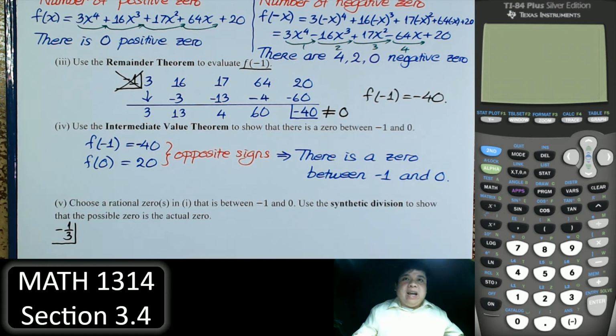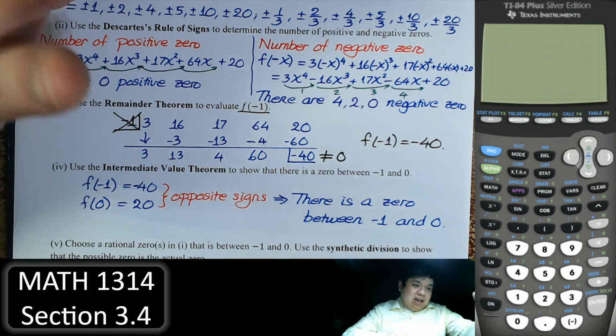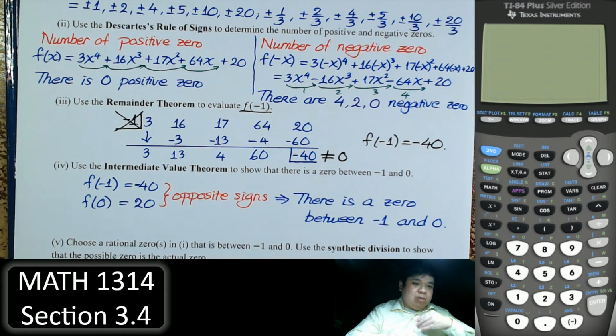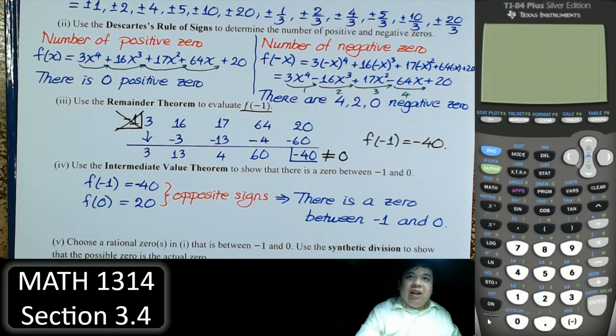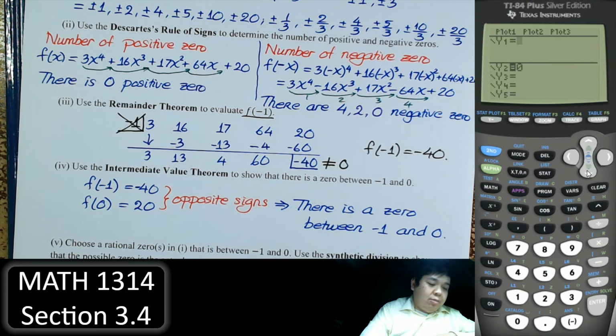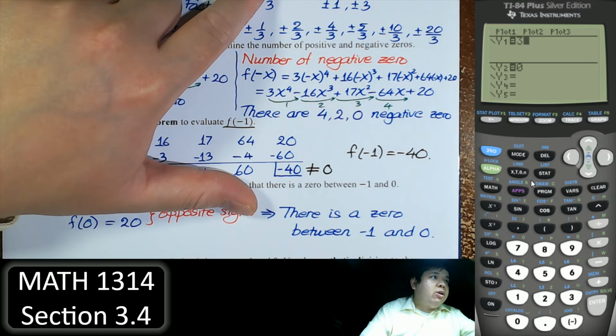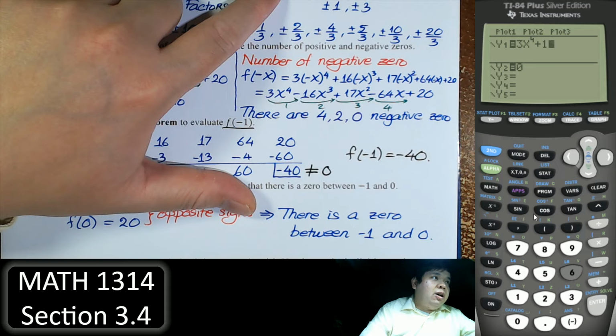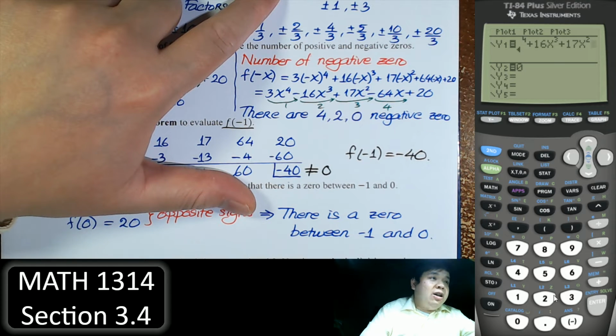By the way, if we have a calculator on this problem, we might not even need to do any of this. Just try to graph it and find the intersection. Let's just do that quickly. 3x to the 4th plus 16x cubed plus 17x squared plus 64x plus 20.